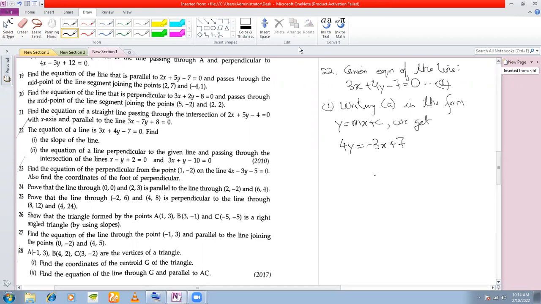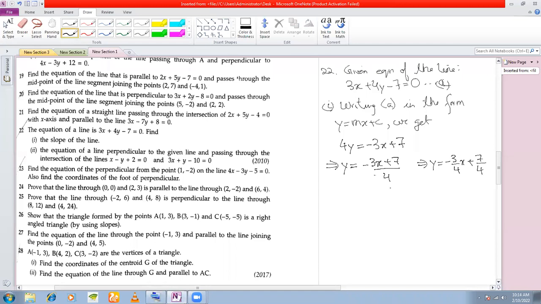Now divide both sides by 4, and we can write this as y is equal to minus 3 by 4x plus 7 by 4.